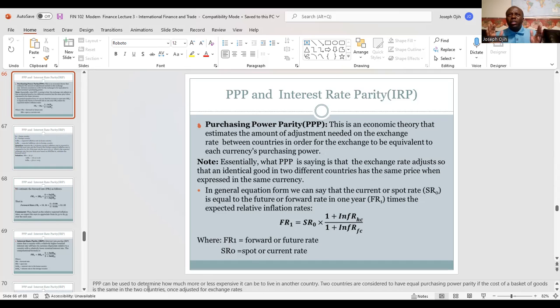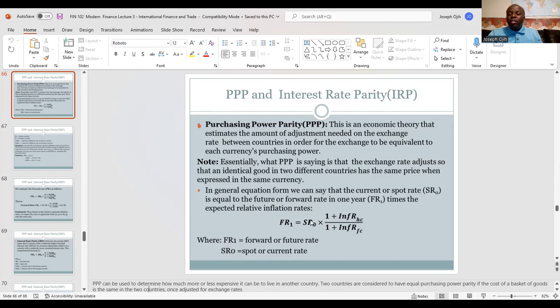Now, when we're doing work that involves purchasing power parity, especially with respect to the exchange rate, what we most often do is to calculate the forward rate, which means the future exchange rate. To do that, we use this formula here, FR1, which represents the forward rate or the future rate, and that means the exchange rate next year, equals SR0 times 1 plus inflation rate in the home country divided by 1 plus inflation rate in the foreign country.